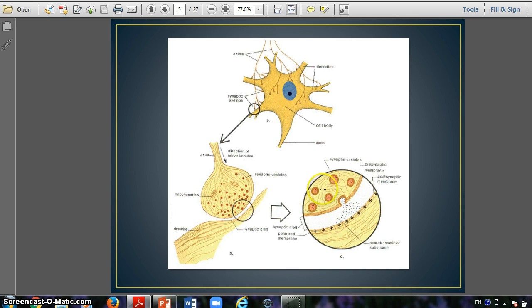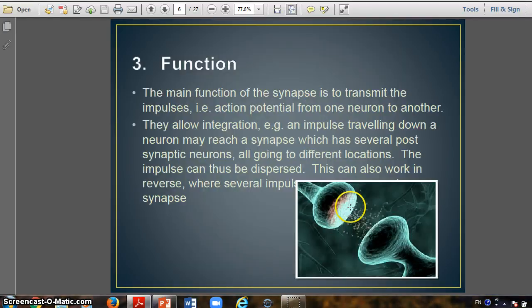So in this diagram you can see this is the presynaptic neuron and this is the postsynaptic neuron. This is the space between these two, that is the synaptic cleft. You can see there are some organelles, the synaptic vesicles, right? These are the neurotransmitters, you can see the blue dots.